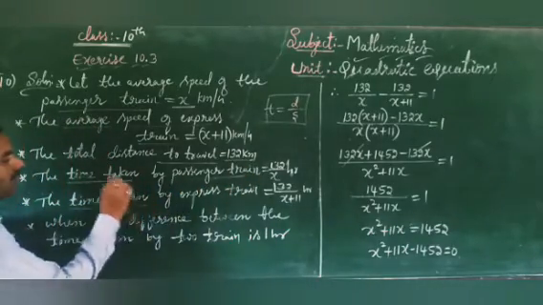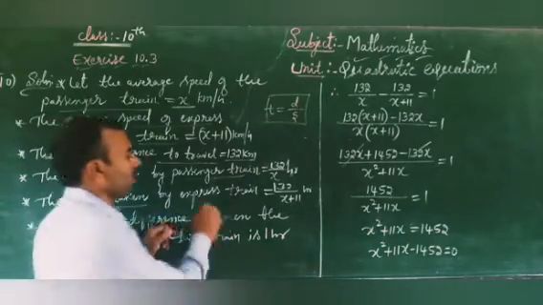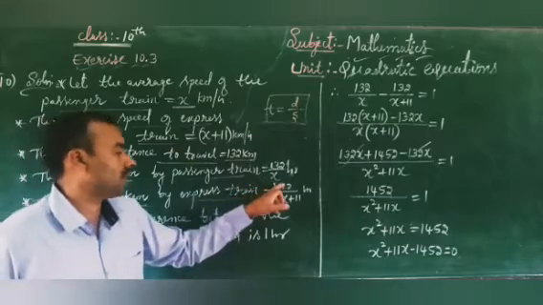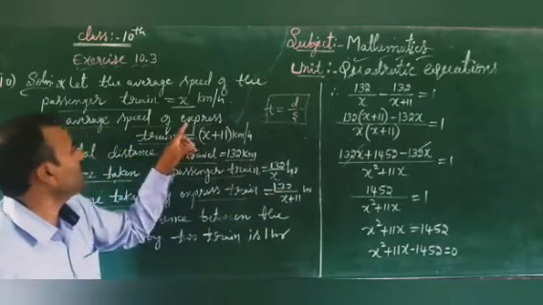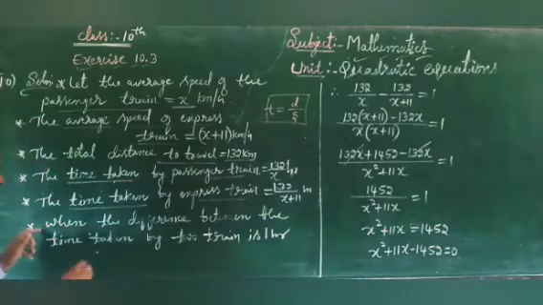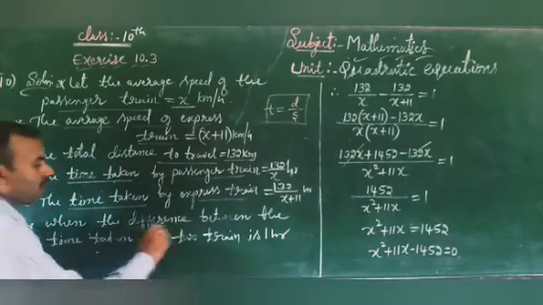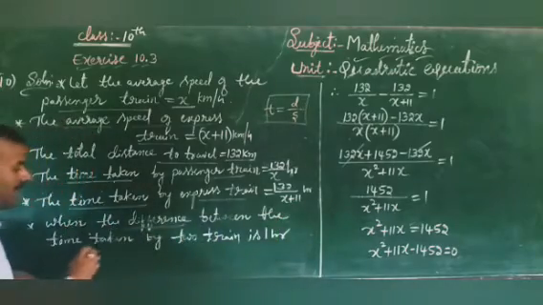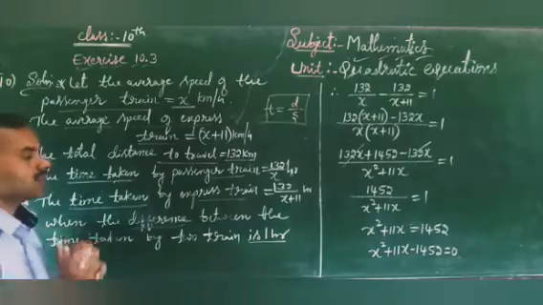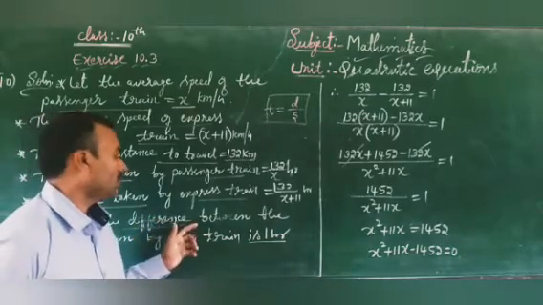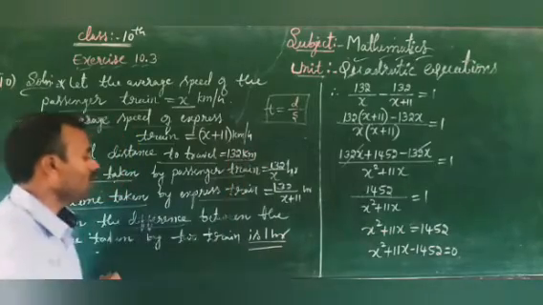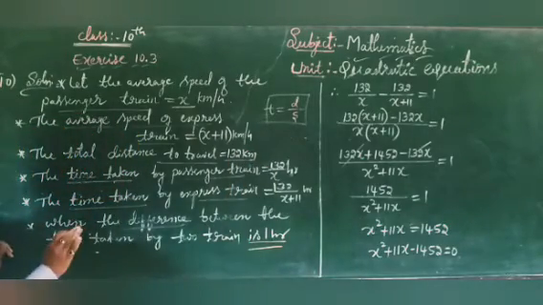Similarly, the time taken by the express train is 132 by the express train's speed. Total distance is 132, and the speed of the express train is x plus 11.